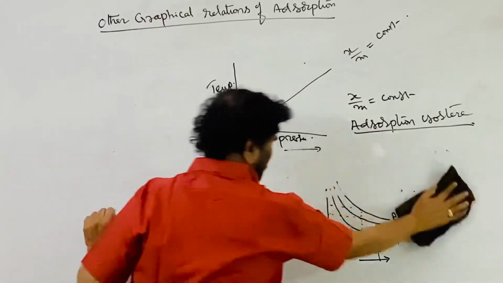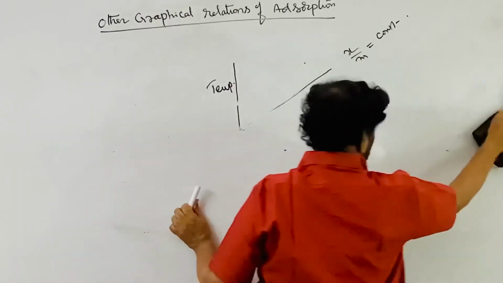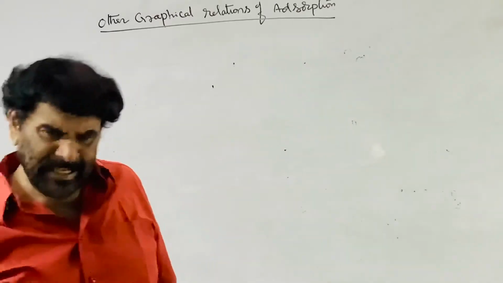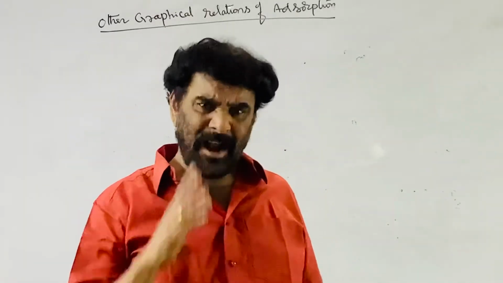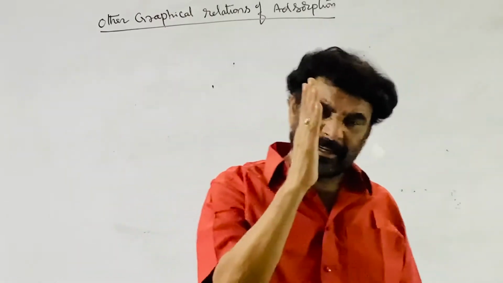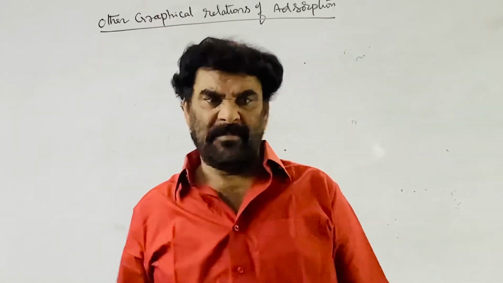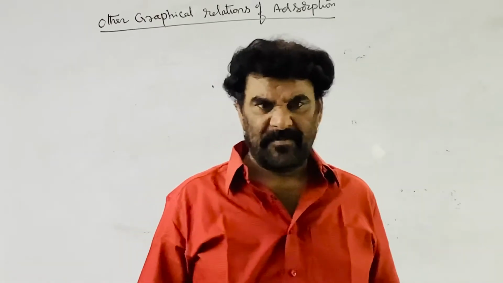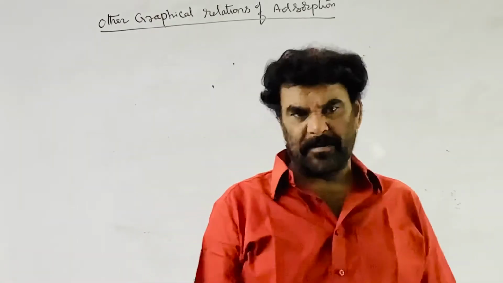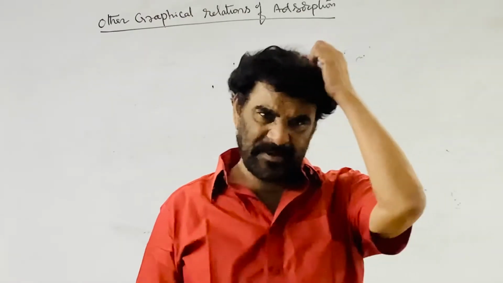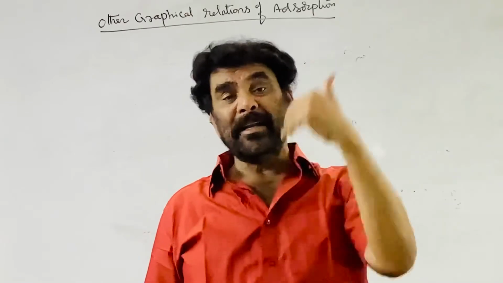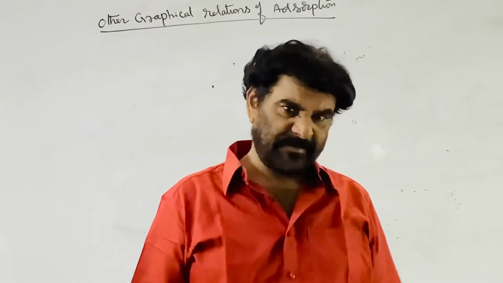So next one. There are actually five types of adsorption isotherm graphs. We have taken only the type 1 adsorption curve, the isotherm proposed by Langmuir. But if you increase the pressure, multi-layer formation takes place.